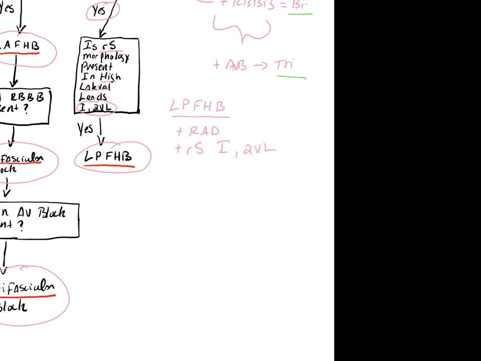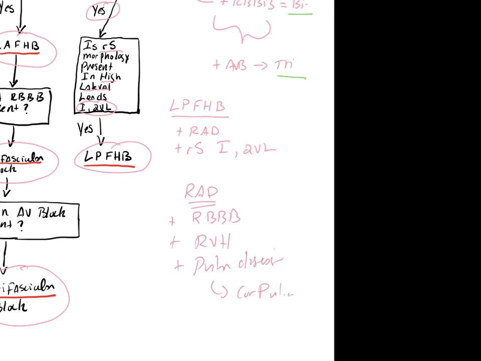And there are fewer causes of right axis deviation, but let's just review them. What are some causes of right axis deviation? Right bundle branch block, right ventricular pulmonary diseases. Good, so RVH, chronic lung disease, specifically cor pulmonale, I believe.